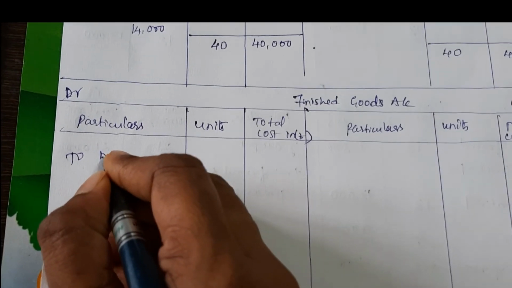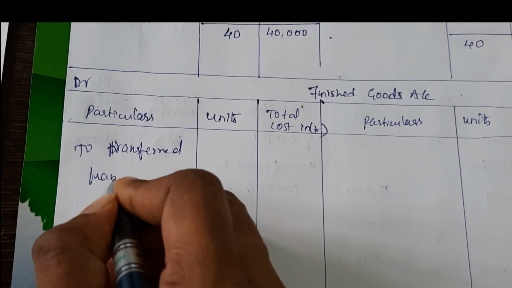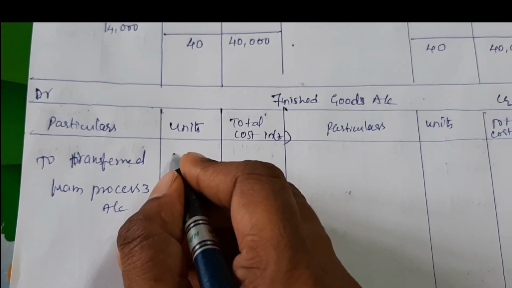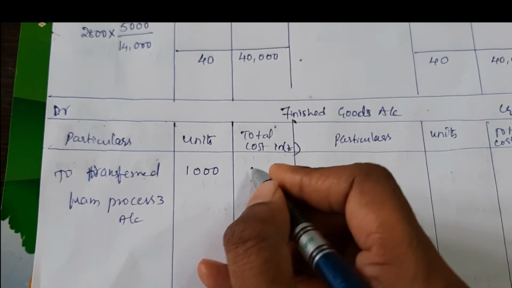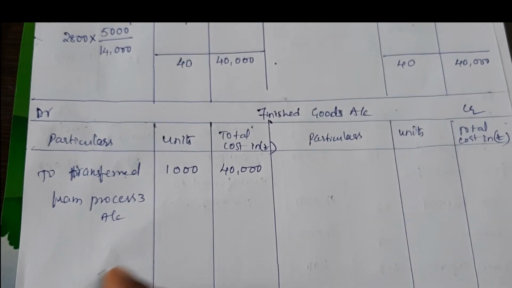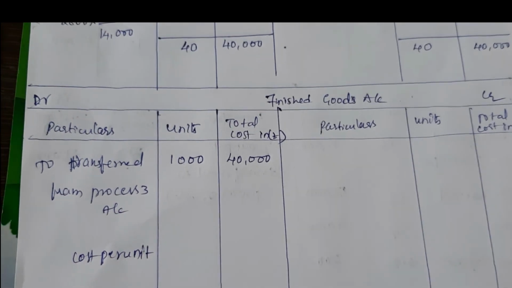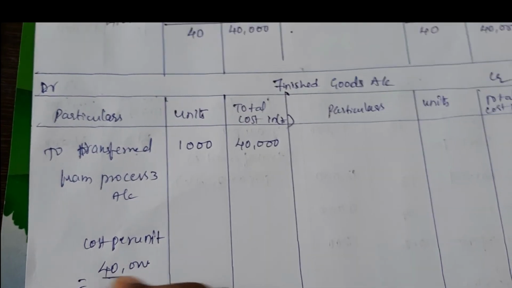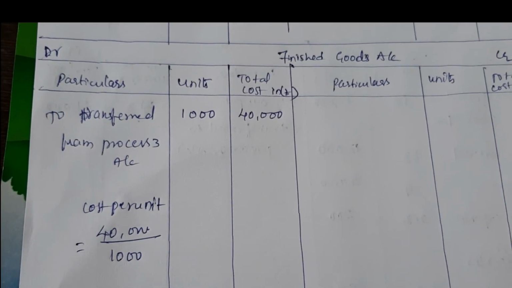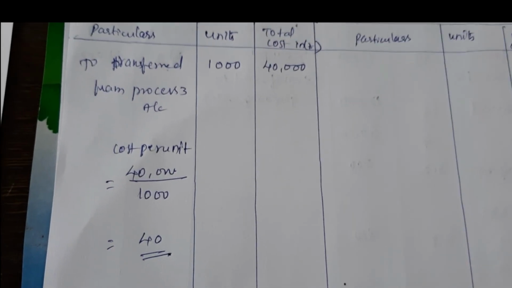To transferred from process 3 account, which is, we have produced 1,000 units and the total cost has been, and cost per unit has become 40,000 divided by 1,000, and this will become rupees 40. So the cost of making the product is rupees 40.